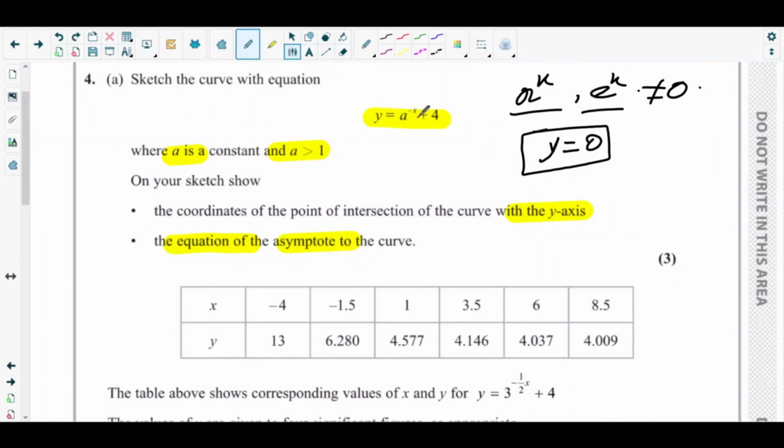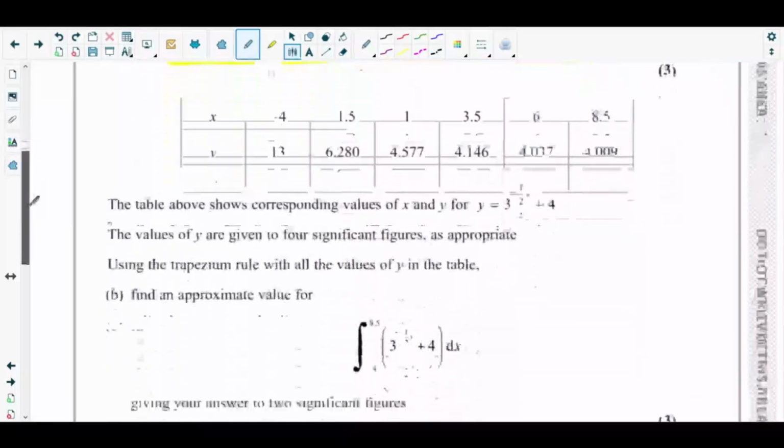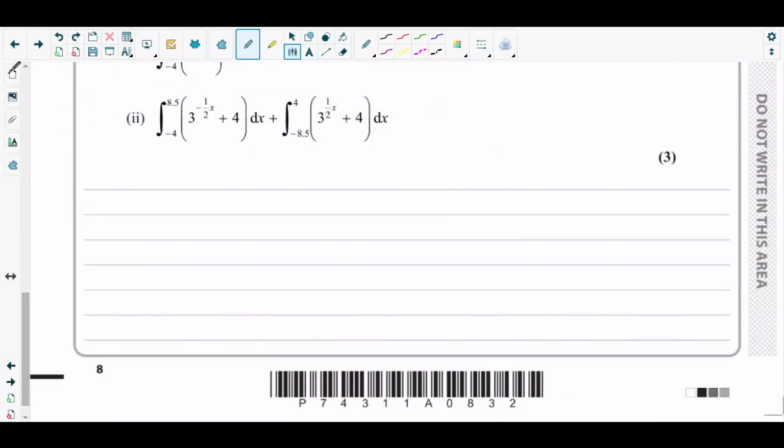So a to the power x plus 4 is basically a transformed curve. How is it transformed? It is translated along the positive y-axis by 4 units. That means instead of y equals 0, in this curve the horizontal asymptote would be y equals 4, since all the y values are getting added by 4.